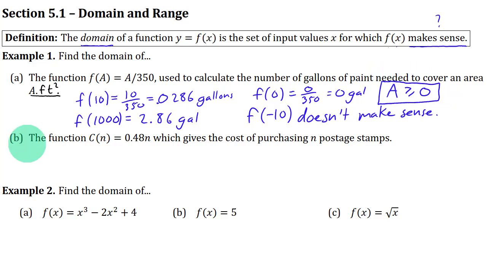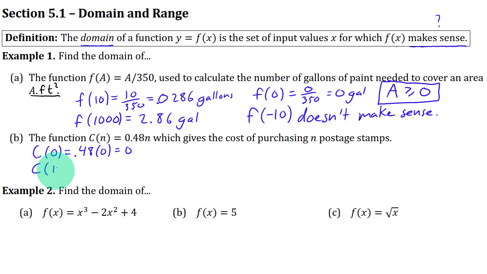Now in part B, the function c of n equals 0.48 times n. This gives the cost of purchasing n postage stamps. So for example, if you make n equal to 0, that's the cost of 0 postage stamps. You'll get 0.